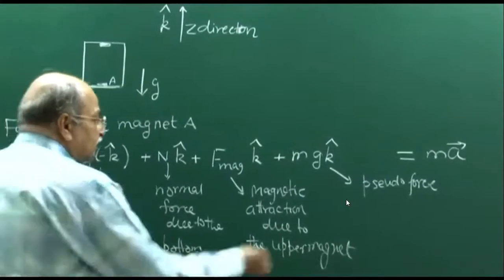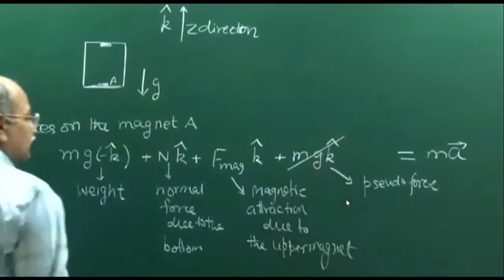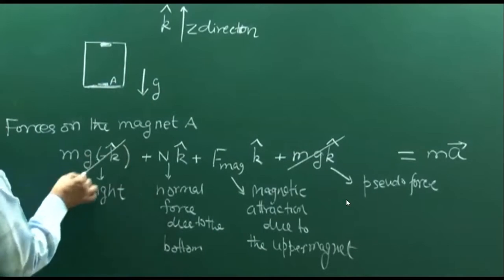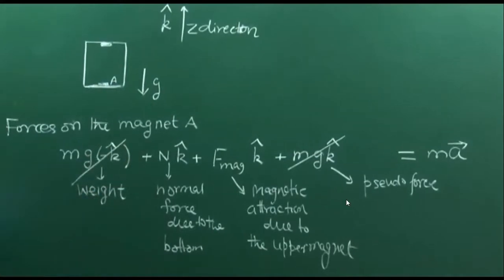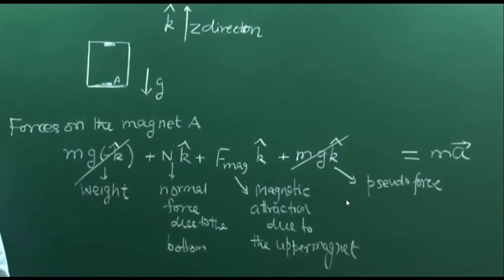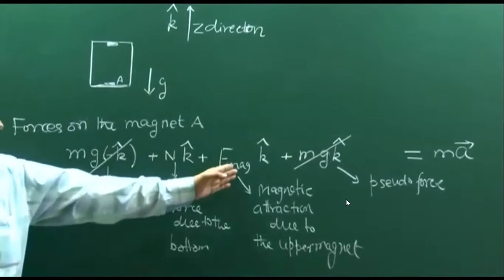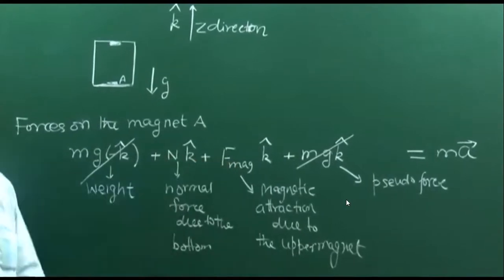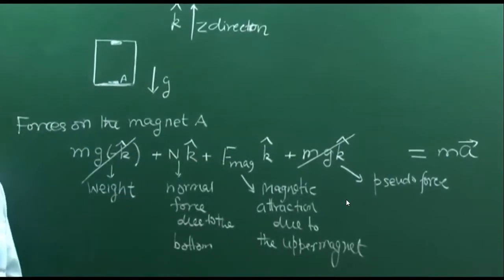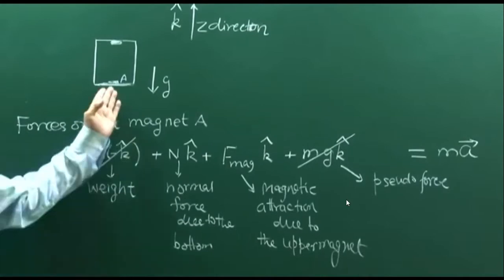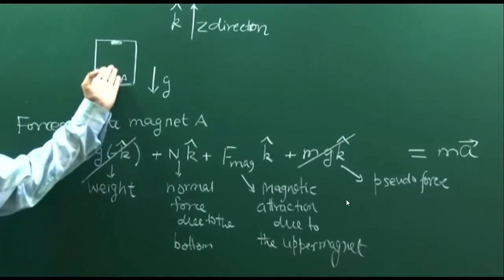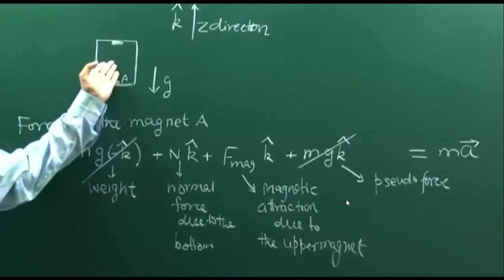Now, you can see that the pseudo force in this case cancels with the weight, and then you have only these forces, the normal force and the magnetic force, and both are upward, and therefore this magnet should go up, it should accelerate in the upward direction.